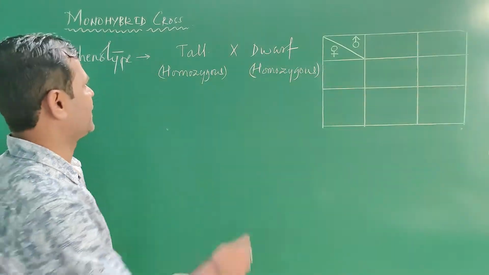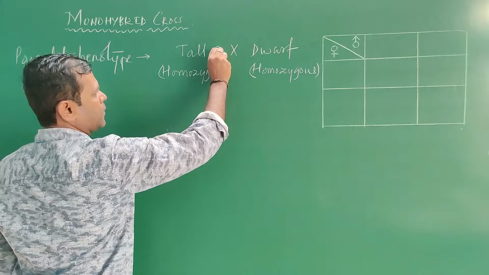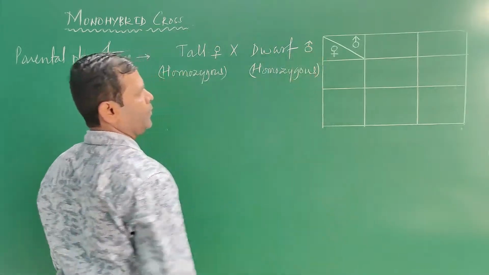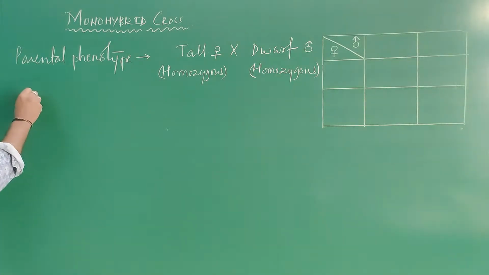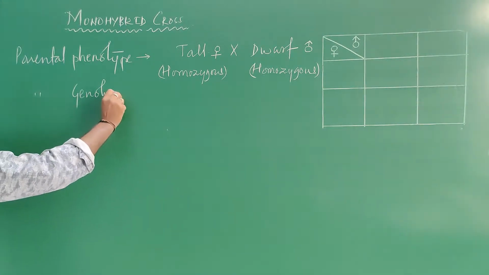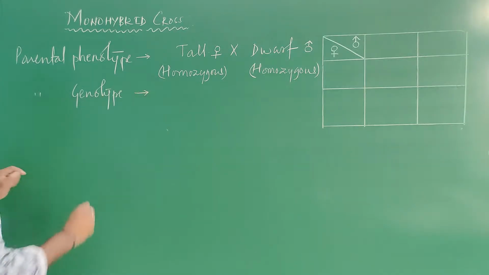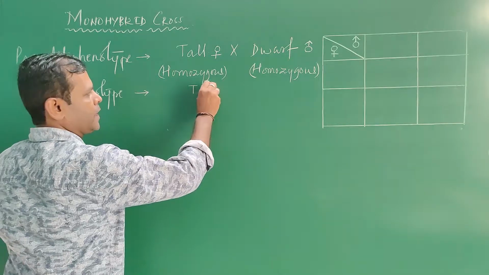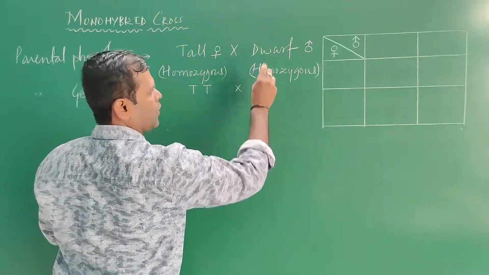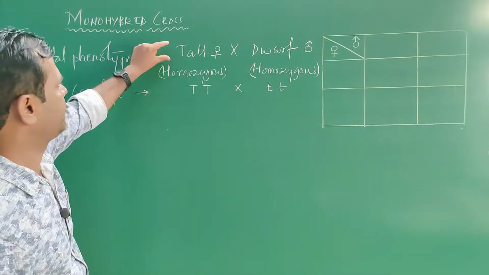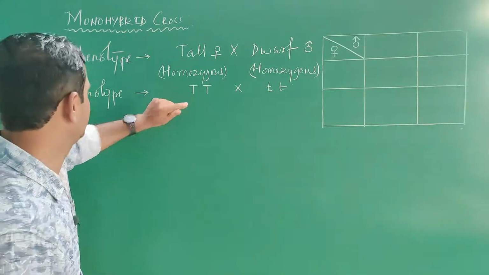But we need to remember, tall is female plant and dwarf is male plant. Now, what will be the parental genotype? Tall is dominant, therefore capital T, crossed with dwarf, which is recessive, that's why small t. So this is the phenotype and this is the genotype.